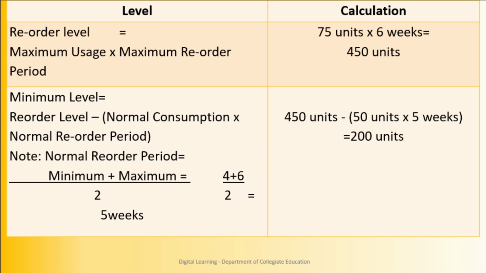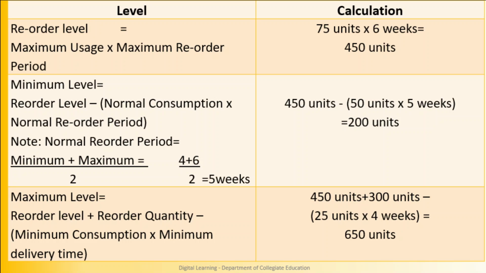Now normal reorder period is not given, so we calculate it using the formula minimum reorder period plus maximum reorder period divided by 2. Minimum is 4 weeks, maximum is 6 weeks. 4 plus 6 divided by 2. So the normal reorder period is 5 weeks. So when you substitute it to the formula to compute minimum level, you get 450 units minus 50 units into 5 weeks. So 450 minus 250 comes up to 200 units.